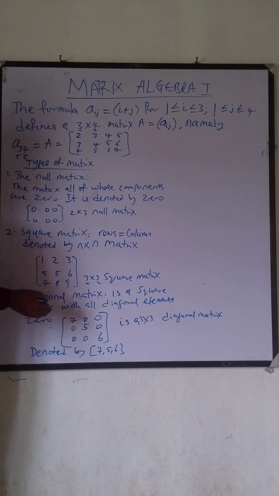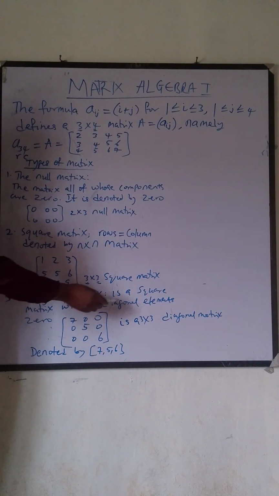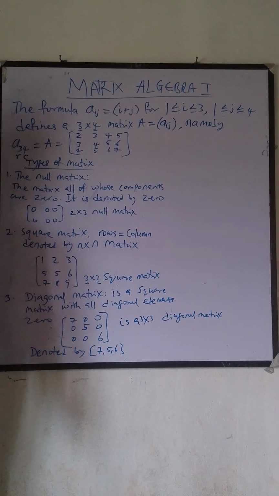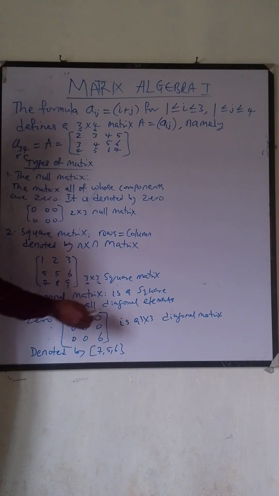And then number 3, we have the diagonal matrix. It's a square matrix with all the off-diagonal elements 0. Underline it as a square matrix in case I give you questions. So you see 7, 5, 6. All other entries are 0. See this one. The first digit starts with 7, then you have 0, 0, and all of that.